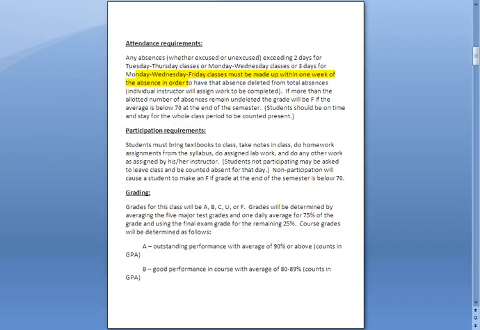Now, the grading scale is one of those traditional grading scales. If you have an average that's above 90, then you get an A in this class. Average between 80 and 89 is going to give you a B in this class. And if we could get the page to move forward.